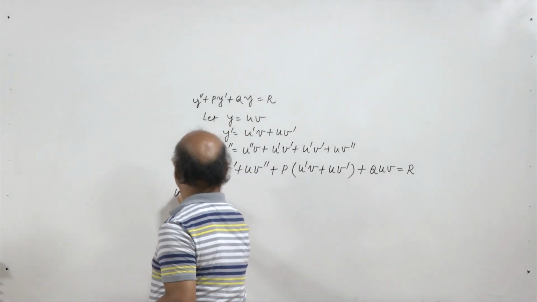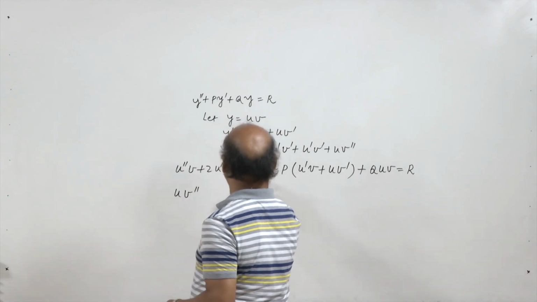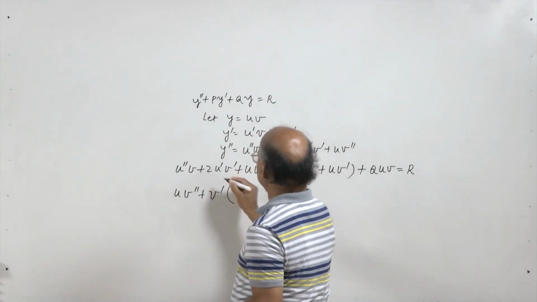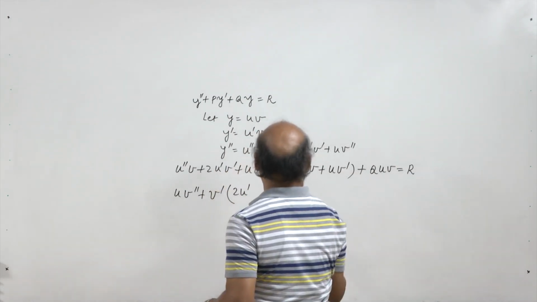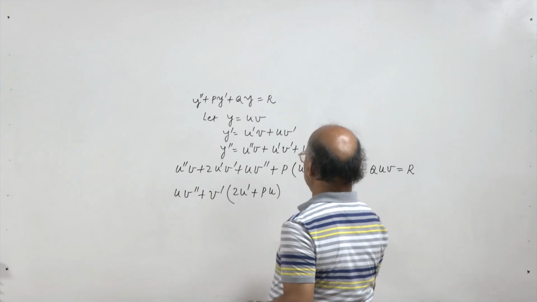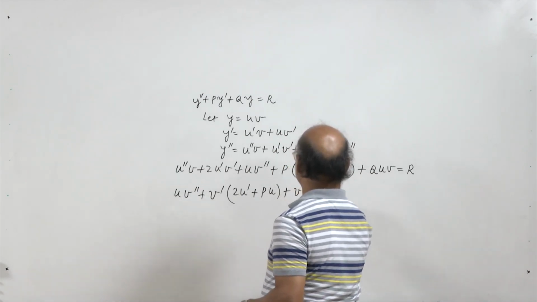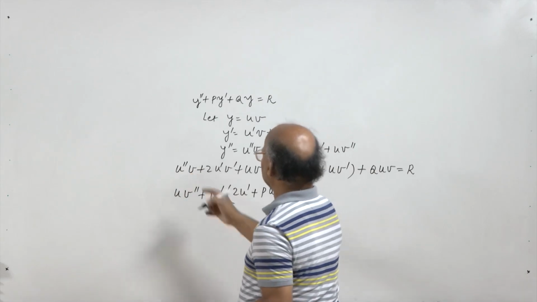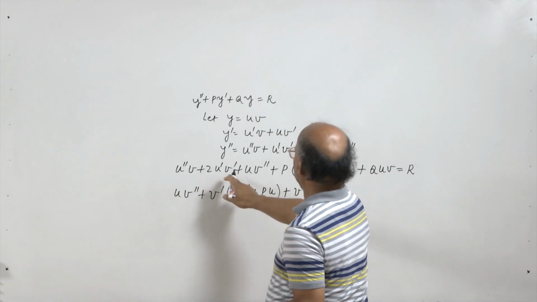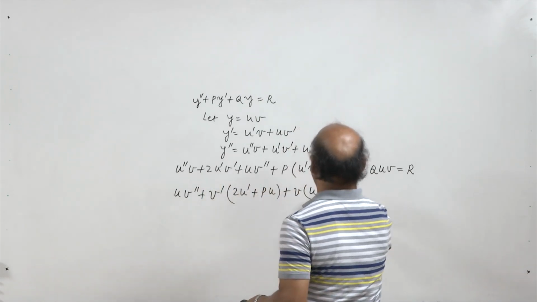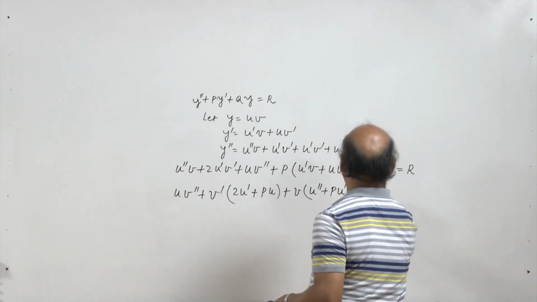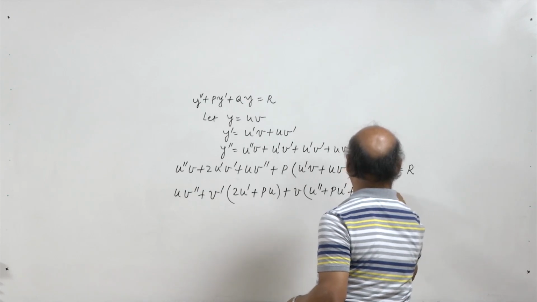First we write the term u v double dash, then we write v dash times what? 2u dash plus p u, and then we write the coefficient of v. The coefficient of v is u double dash plus p u dash plus q u, equal to r.